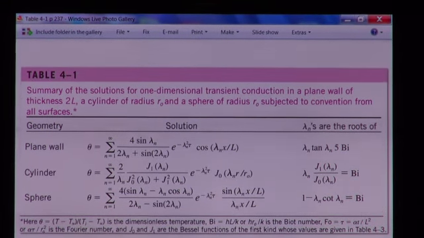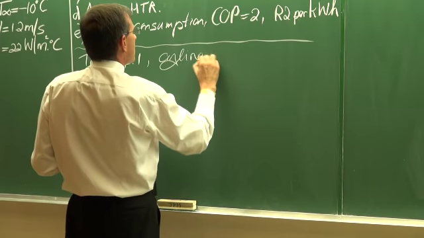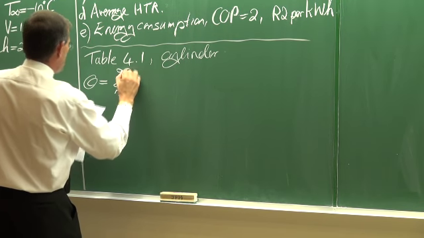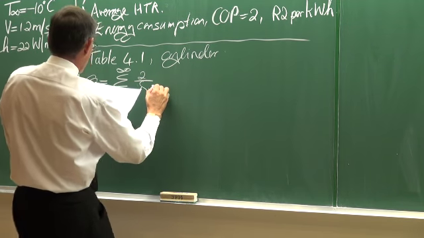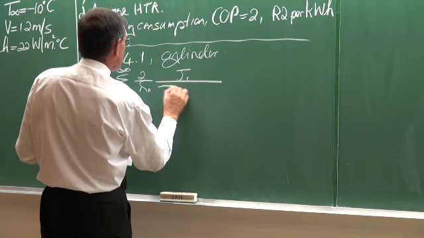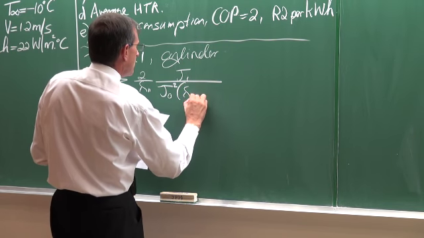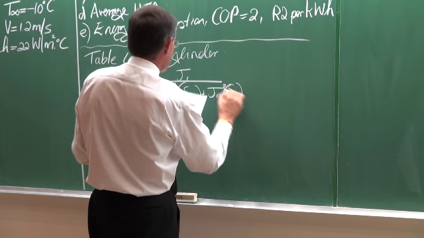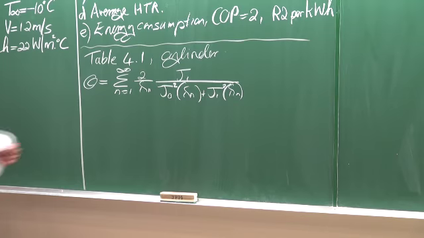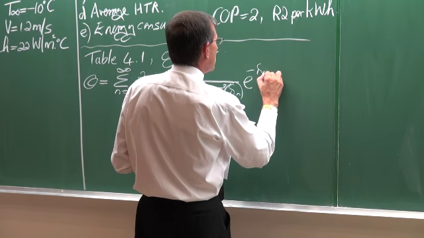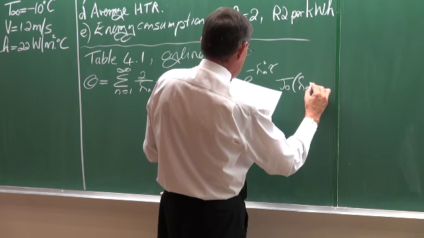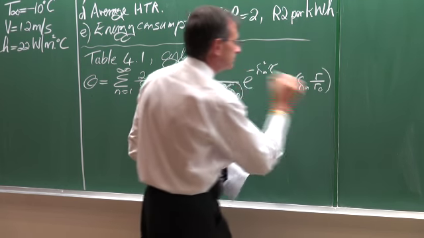Okay, so specifically, if we now look at table 4.1, the cylinder, then for a cylinder the non-dimensionalized temperature is the sum from n equal 1 to infinity of 2 times lambda n, multiplied by J1 divided by J0 squared of lambda n plus J1 squared of lambda n, that term multiplied by e to the minus lambda n squared tau, multiplied again by J0 of lambda n times r divided by r0.